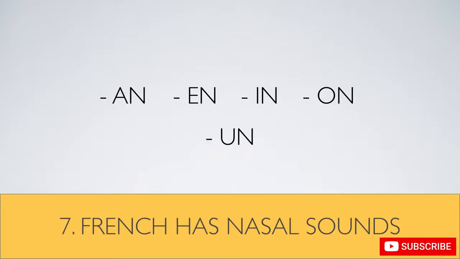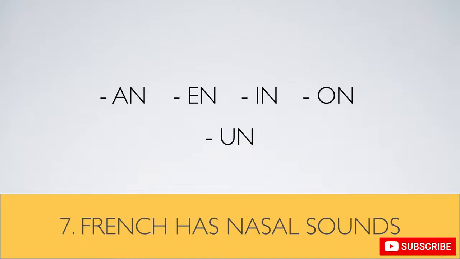So we have en. We have un, we have un, we have on, and we have un. And I know they sound more or less the same, but they are actually different. As you go along, your ear will start to tune in to the differences in the sounds between them.